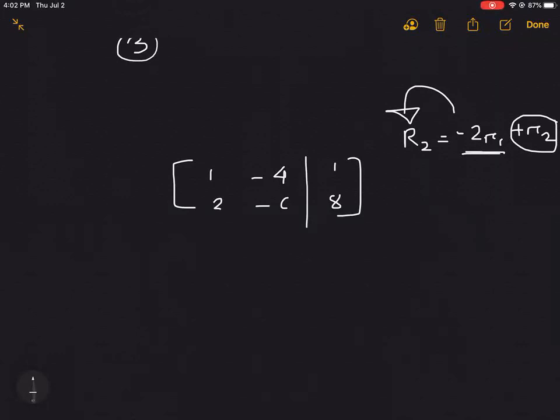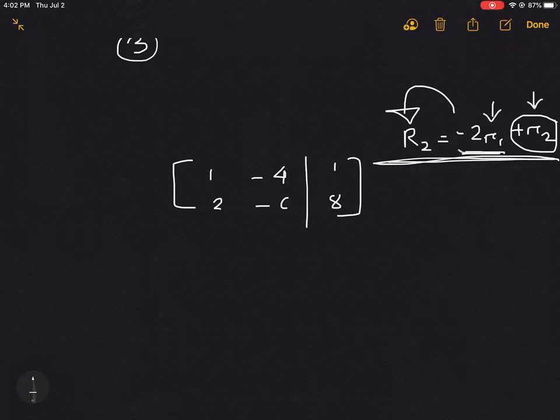Before we do any further calculation, we want to know how we can express the operation we are doing in mathematical terms. So this R1 means row 1, this R2 means row 2.